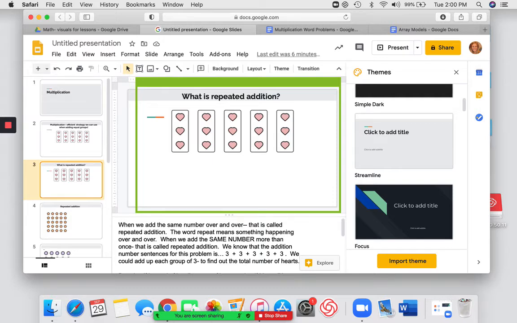So when we add the same number over and over, that's called repeated addition. The word repeat means something happening over and over. So when we add the same number more than once, that's called repeated addition. There are equal groups here. And we know that an addition number sentence for this problem is 3 plus 3 plus 3 plus 3 plus 3.